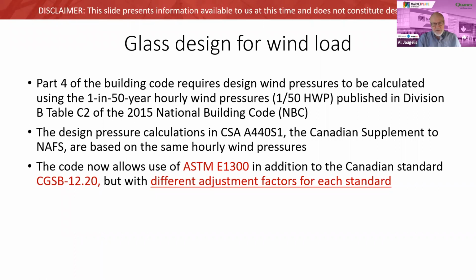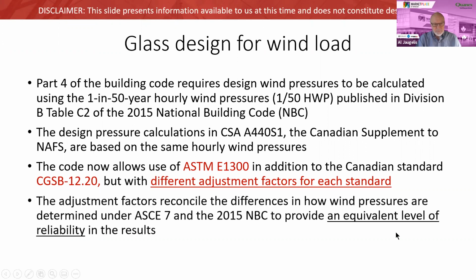And then the use of ASTM E1300, but the code requires you to use a different adjustment factor for each of the two standards. The adjustment factors are there to account for the differences in how wind pressures are determined in the United States using ASCE 7 and their ASTM E1300 standard.